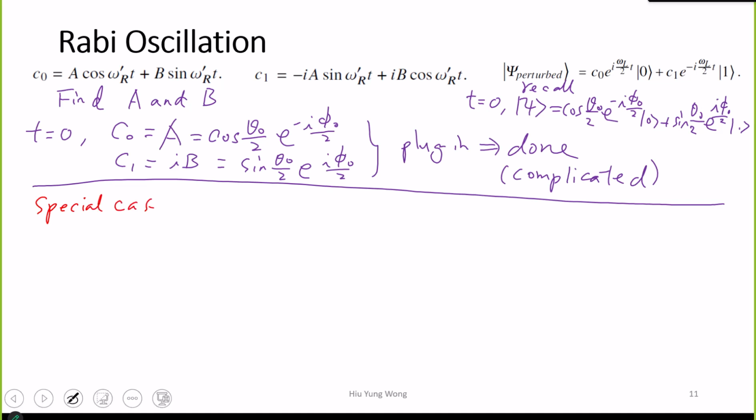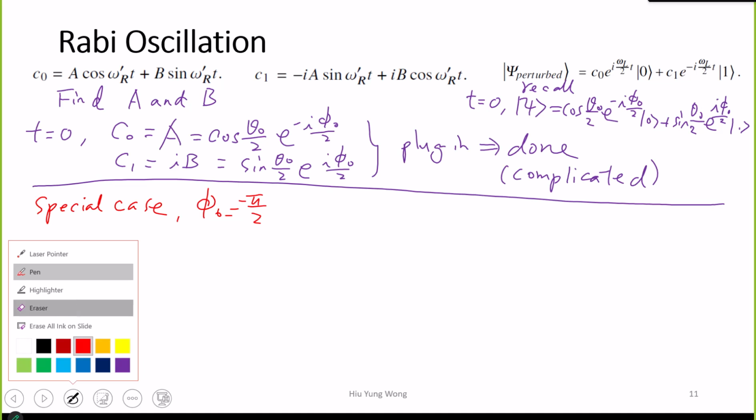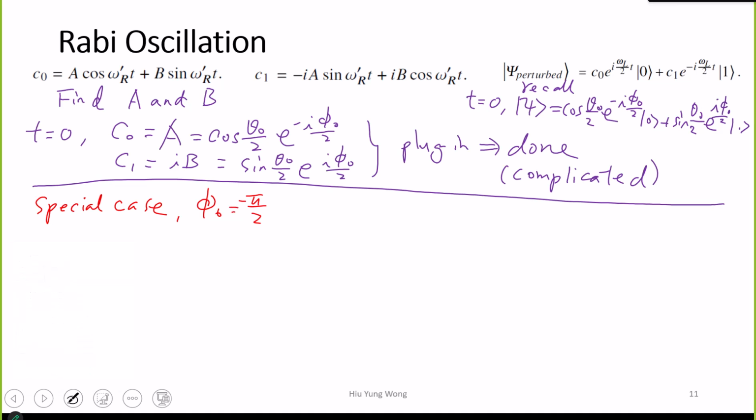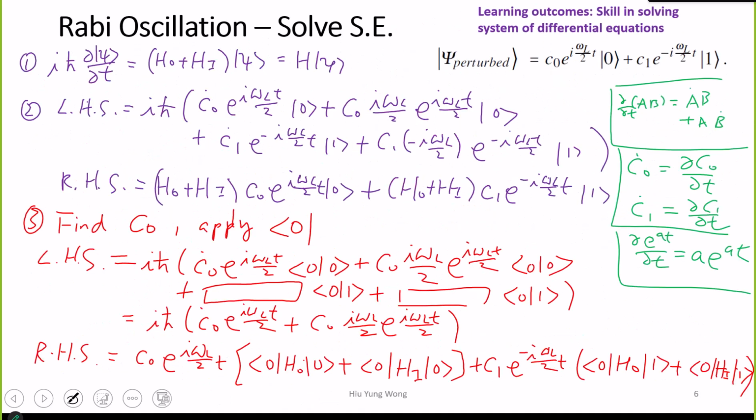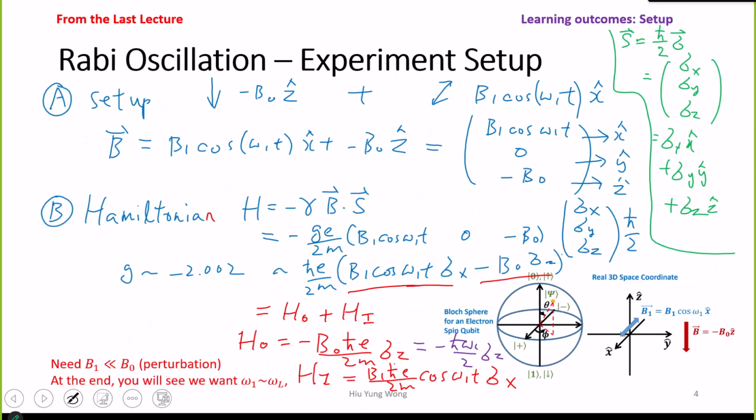What is this special case? It is the case when phi naught equals negative pi over 2. It means that this state was negative pi over 2. Can you tell me where is negative pi over 2 for phi naught?